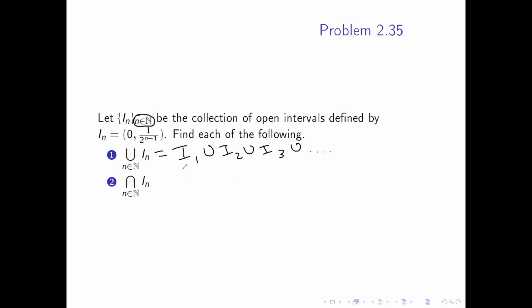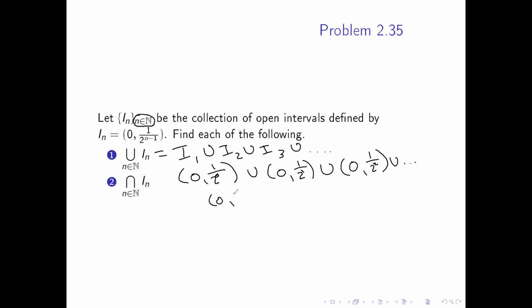In this case, I1 is [0, 1/2^0], union [0, 1/2^1], union [0, 1/2^2], union, and so forth.